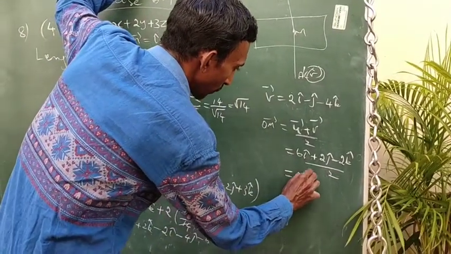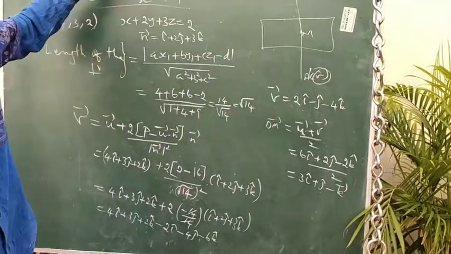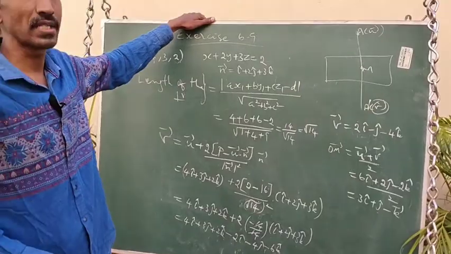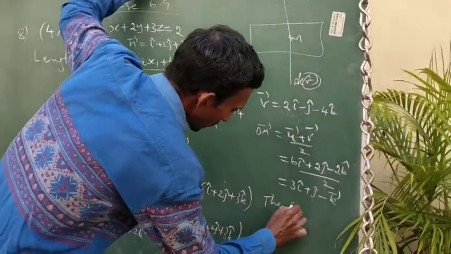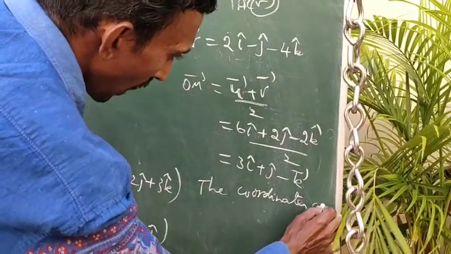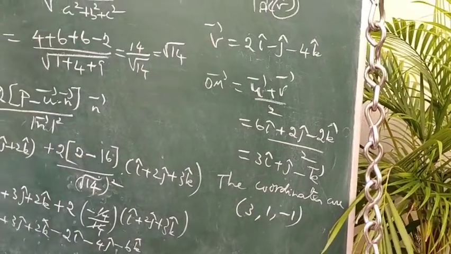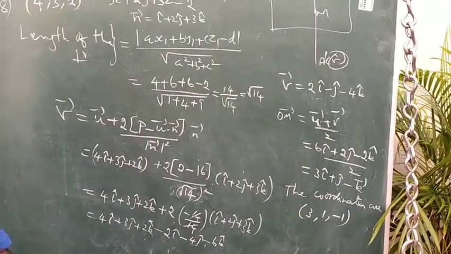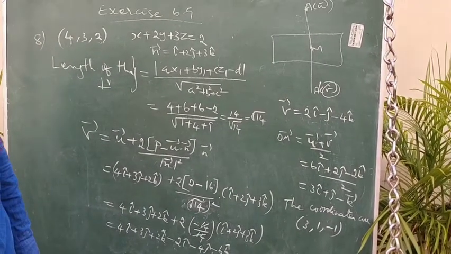So 3i plus j minus k. They are asking for the coordinates of the foot of the perpendicular. Therefore the coordinates are 3, 1, minus 1. This is the required answer.